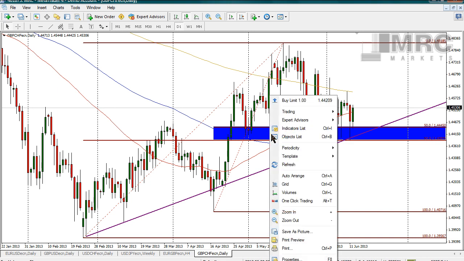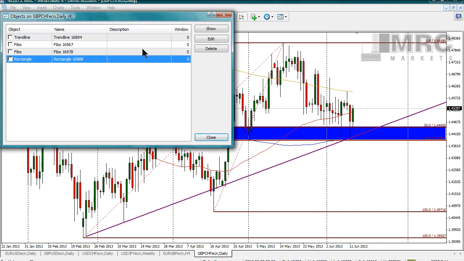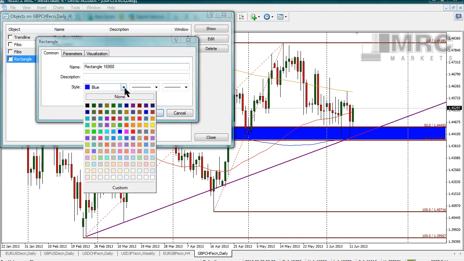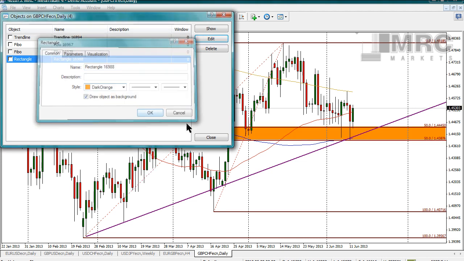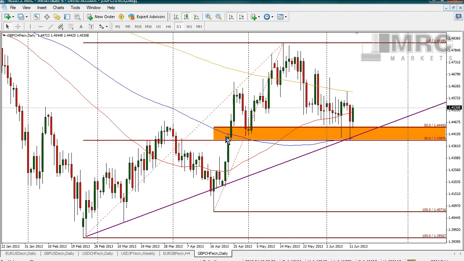I'll just change the colour of that. So there's a lovely little buying area there of the double 50% confluence level and trendline support and 100-day moving average. So very, very technical move here.